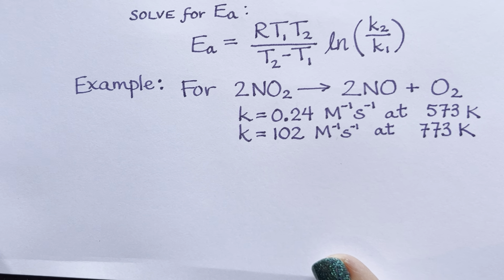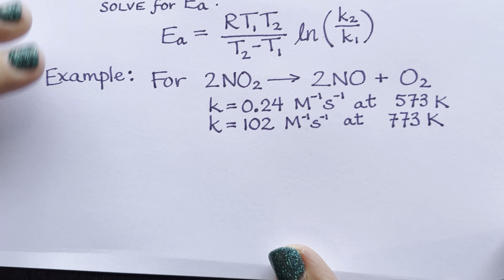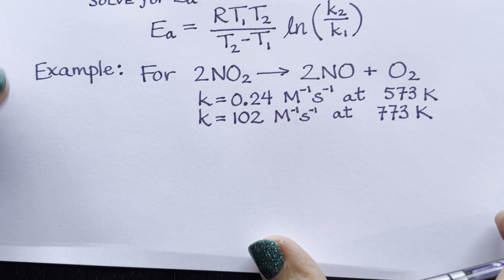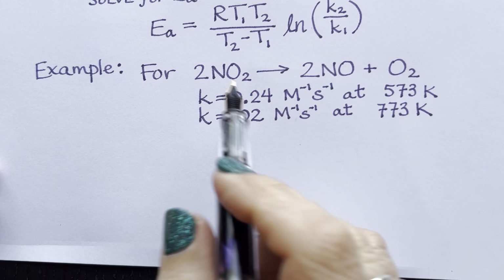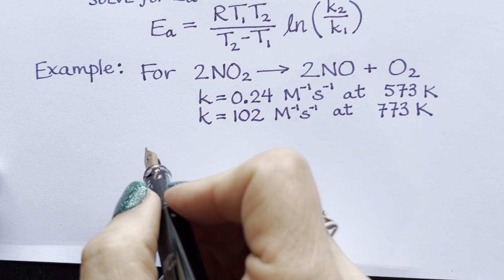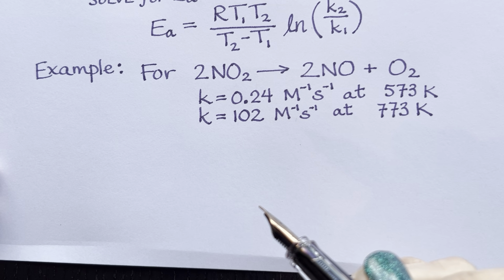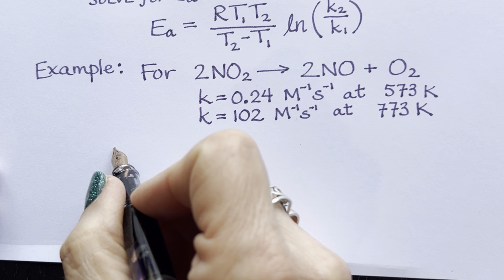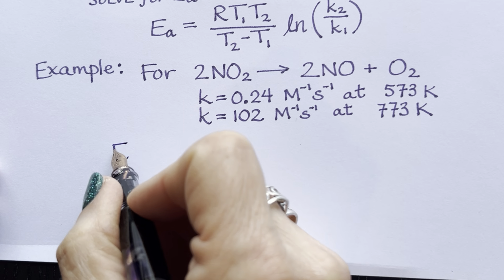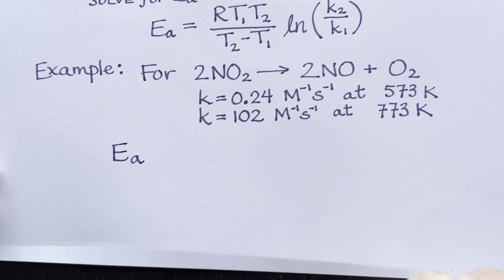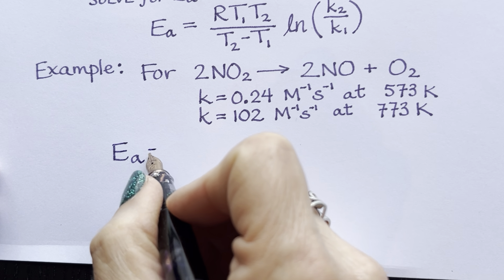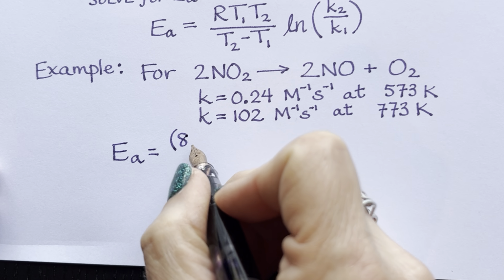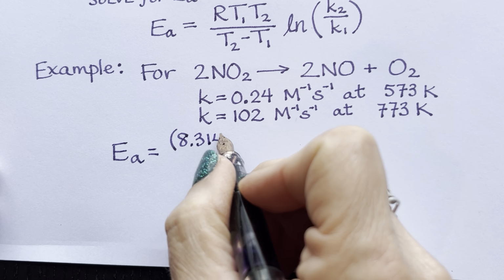Okay, so now if we want to determine what is the activation energy for this reaction, we can put in all these values. Okay, so let's put them in. Activation energy equals, all right, here's our gas constant, 8.314.